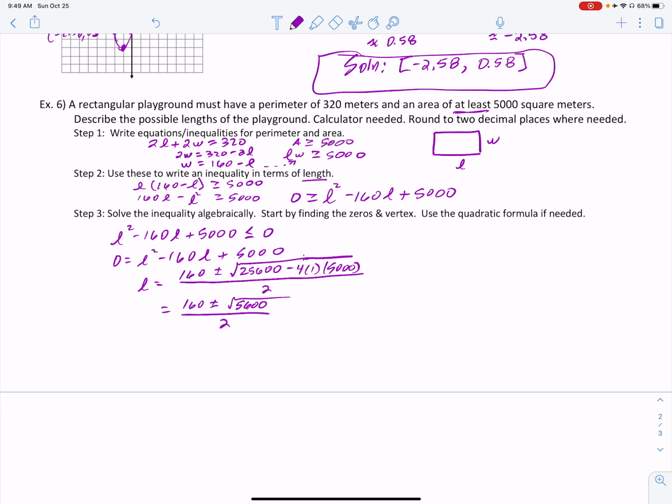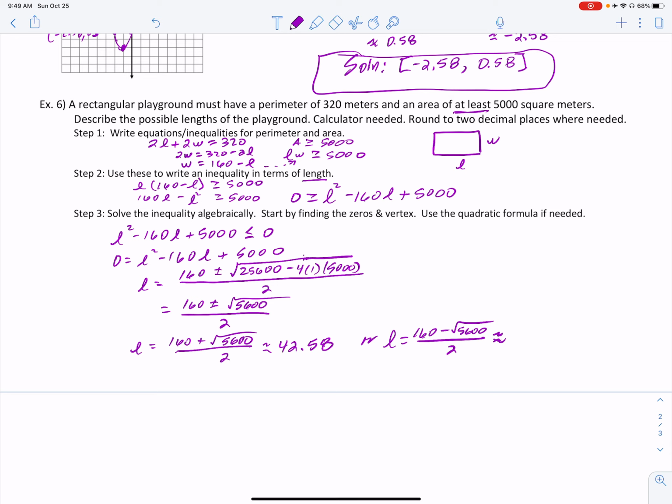And so that means L is 160 plus the square root of 5,600 over 2, and this is where you pick up your calculator and evaluate, which is about 42.58 to 2 decimal places, or L is 160 minus the square root of 5,600 over 2, which is approximately, so the approximately equal sign.